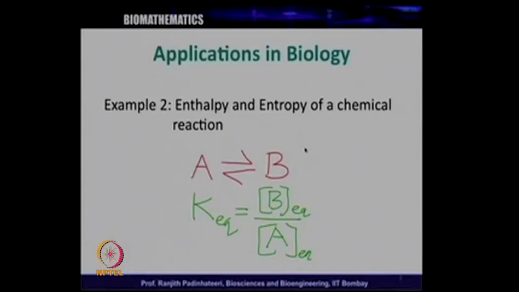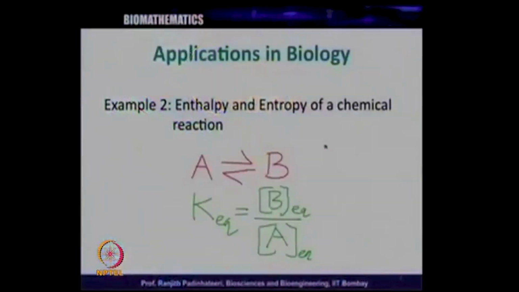As you all know, one of the important things in biology is chemical processes. Understanding chemical reactions and things related to them is very important in understanding various processes in biology. So, let us take the simplest possible chemical reaction and try to understand a bit of its thermodynamics and how this knowledge of mathematics helps us there.